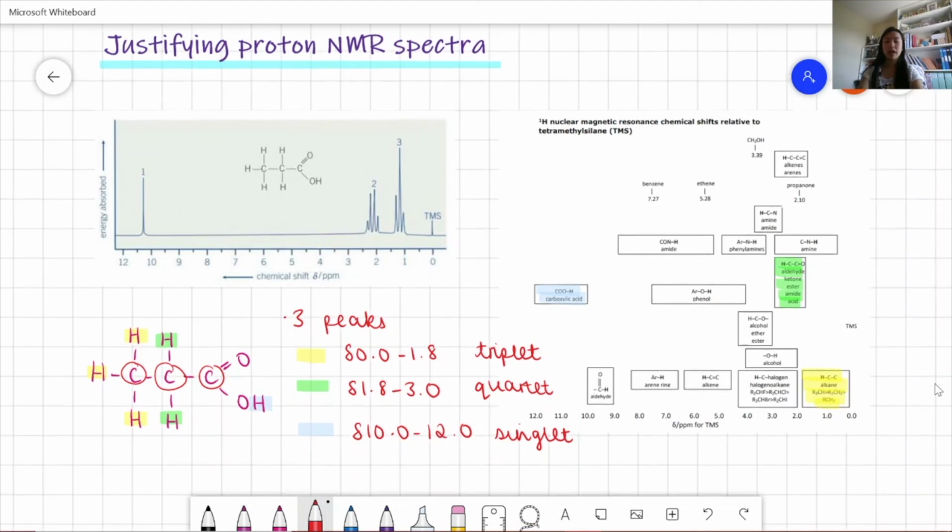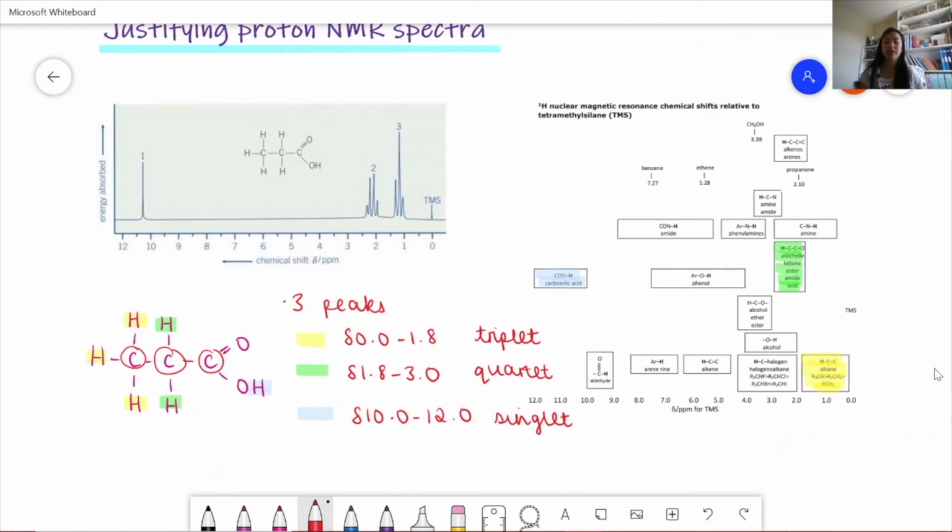And so we can write down the relative intensity of signals is equal to 3 to 2 to 1. So it's basically telling us that we have 3 hydrogens which are yellow, 2 which are green, and 1 which is blue. And so now we can look at our spectra and justify why we have everything where they are.